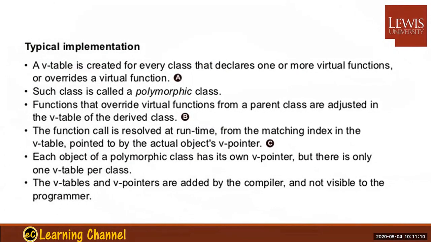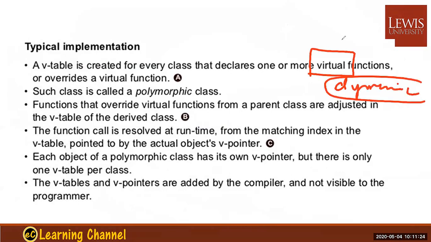So a V table is created for every class that declares one or more virtual functions. So here it says virtual function. A virtual function is a dynamic linking function, so you will search for it at runtime and it will override a dynamic function. Such a class is called a polymorphic class.